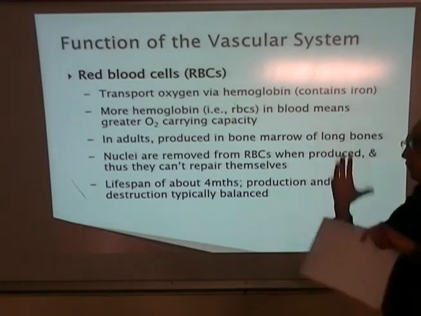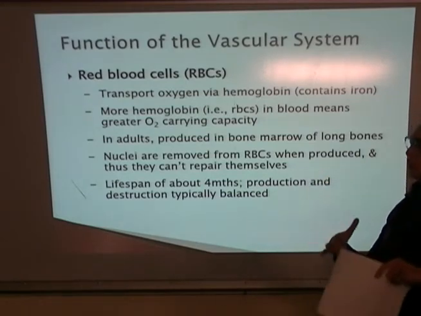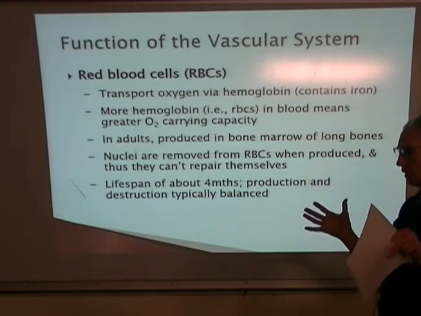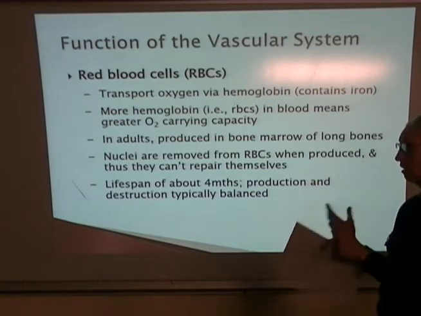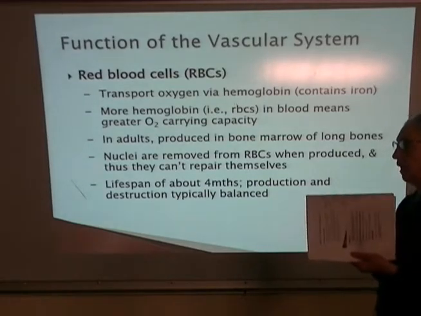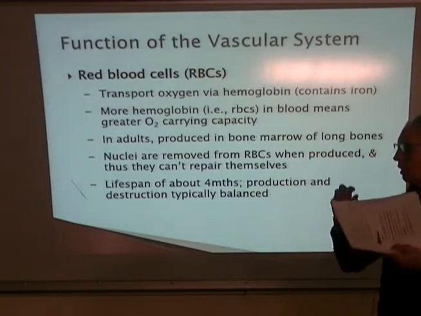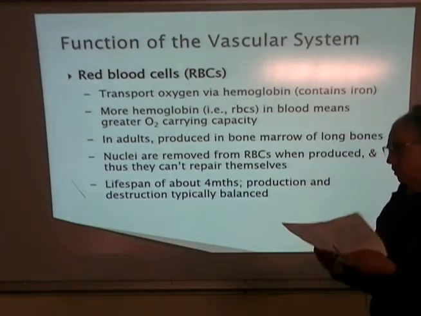They float around in the bloodstream doing their job. They can't repair themselves. They can't replicate themselves. So eventually they die off. They have about 12 to 16 weeks lifespan. And then the iron from the hemoglobin is reabsorbed to make more red blood cells.